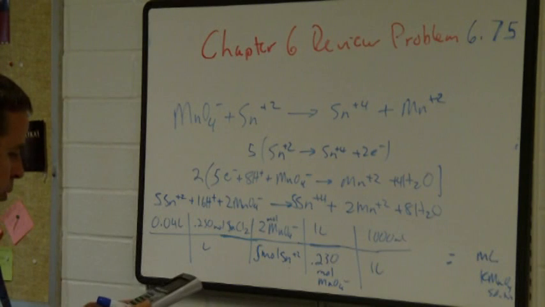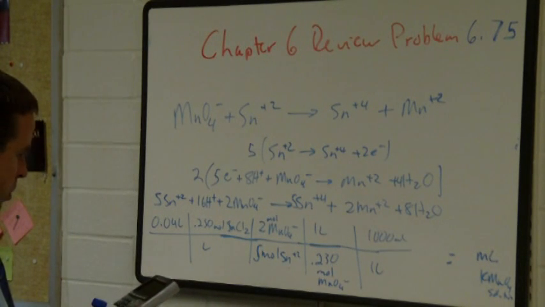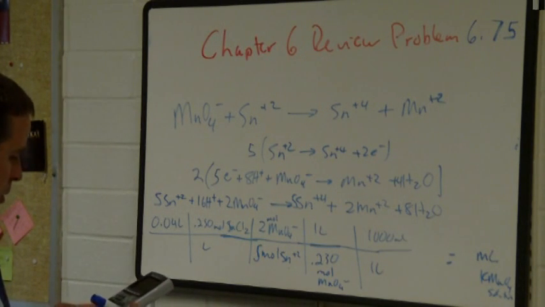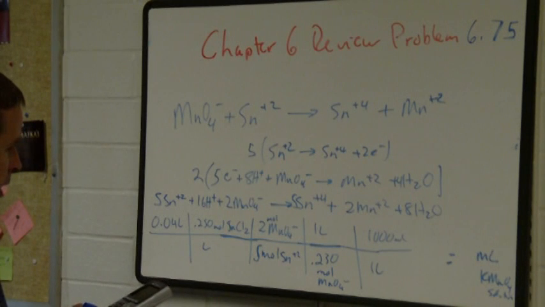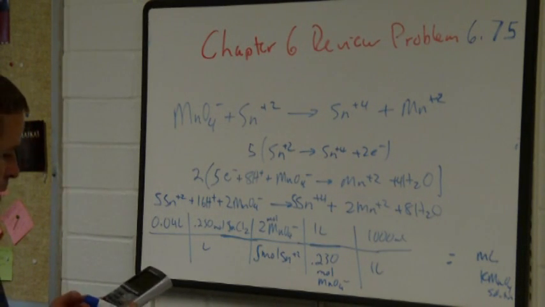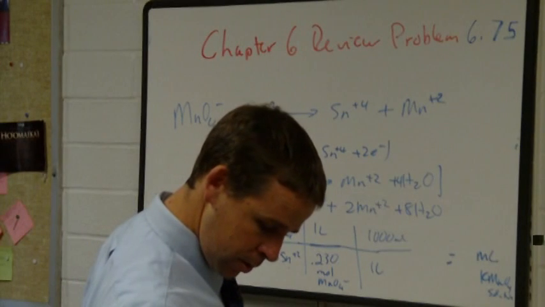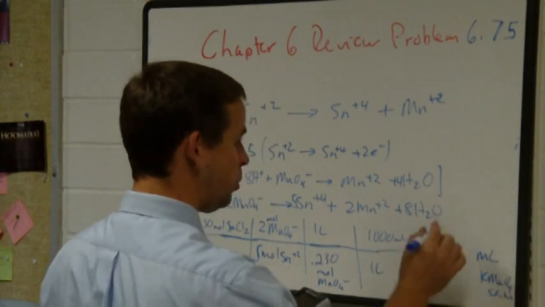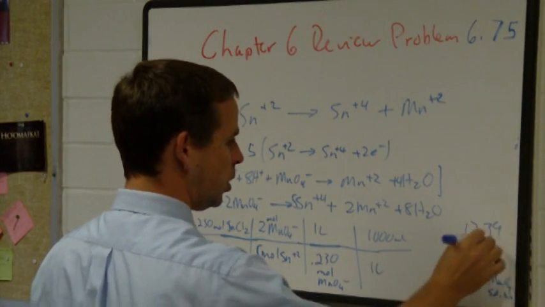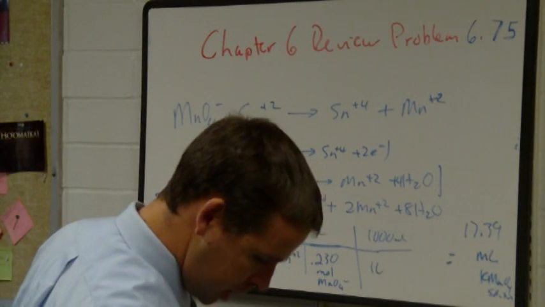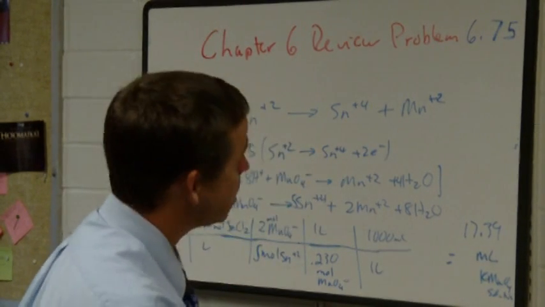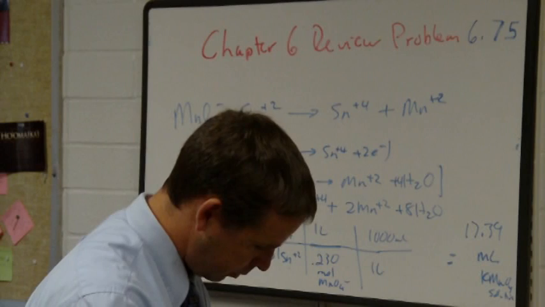So we got 0.04 times 0.25 times 2 divided by 5 divided by 0.23 times 1,000. So 17 point, how many significant figures? 3? 17.4 milliliters of potassium permanganate solution. Problem 6.75.